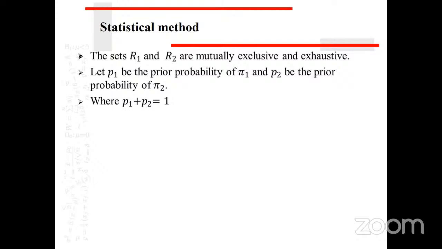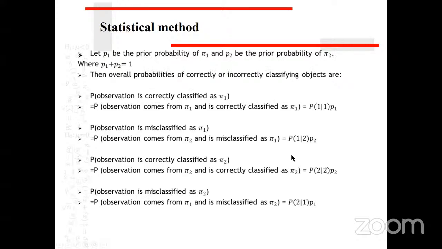Let P1 be the prior probability of pi1 and P2 be the prior probability of pi2, where P1 plus P2 is equal to 1.